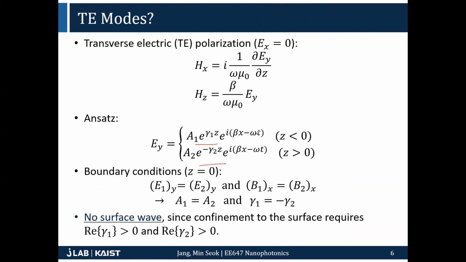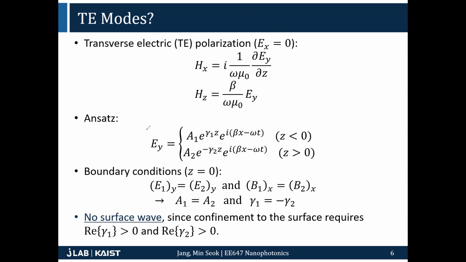When z is negative, it's exponentially decaying with gamma 1. And when z is positive, where you're in the dielectric regime, it also exponentially decays, with gamma 2. And in the propagation direction, it has e to the i(beta x minus omega t), and also the same in the dielectric regime.